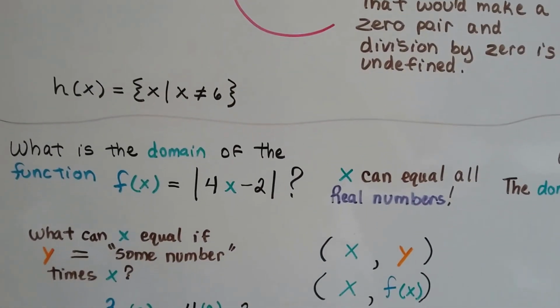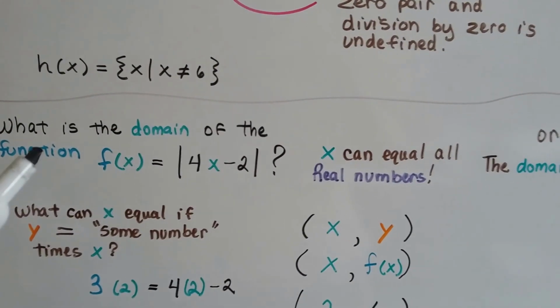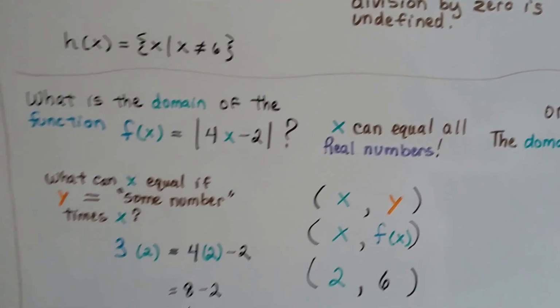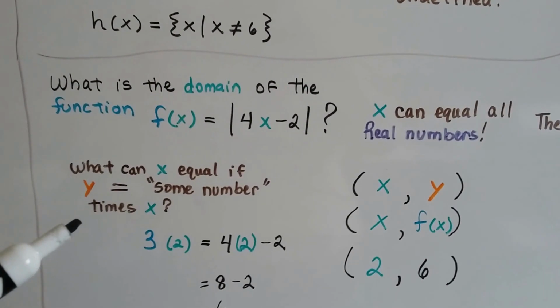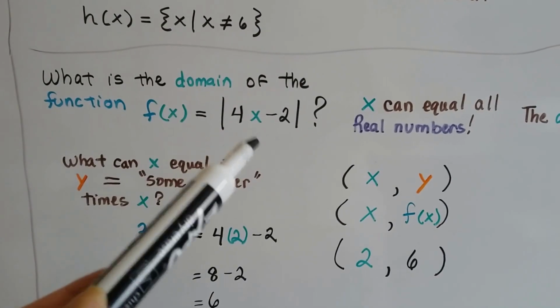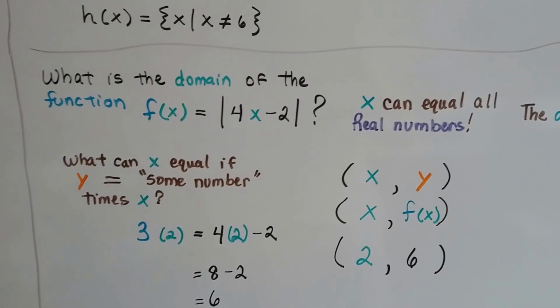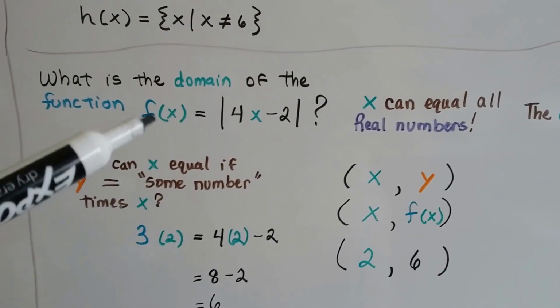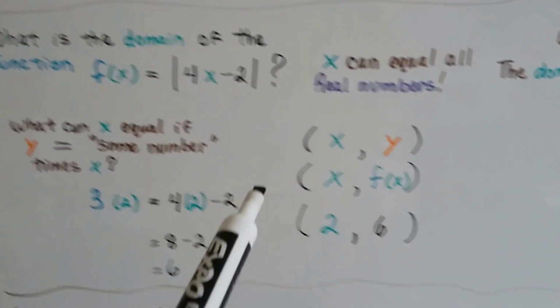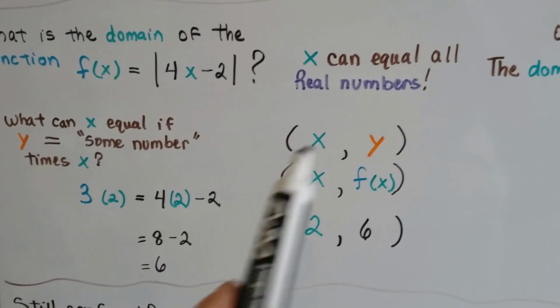How about, what is the domain of the function f of x equals the absolute value of 4x minus 2? Well, what it's asking is, for the function of x, what can x equal if y is equal to some number times x? Because remember, it's just x and y.